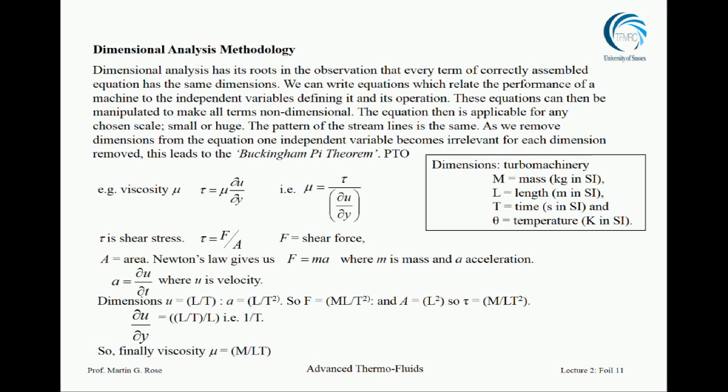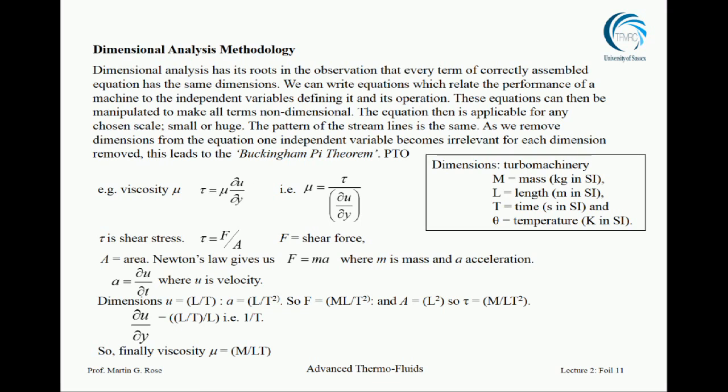So the question I'm trying to answer in this little bit of working here is what of these dimensions are present inside the viscosity mu that Newton defined. The process here, I won't bother reading it out to you, you can check it through for yourselves, is very simple. We recognise that shear stresses are force per unit area, that Newton's law tells us that force can be expressed as mass times acceleration, and so on.